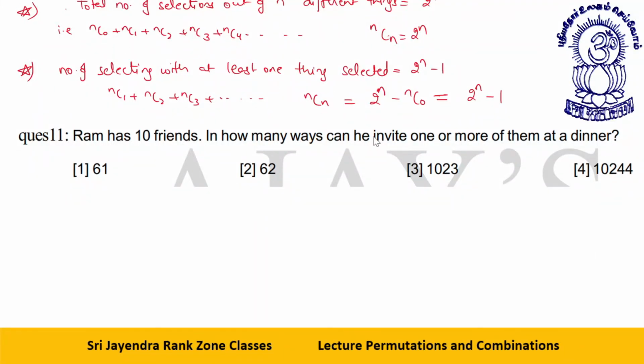In how many ways can he invite one or more of them at dinner? See, directly. One or more out of 10. This will be 2 raised to power 10 minus 1. That is 1024 minus 1, or 1023. Got it? Simple, plain logic. Fine.